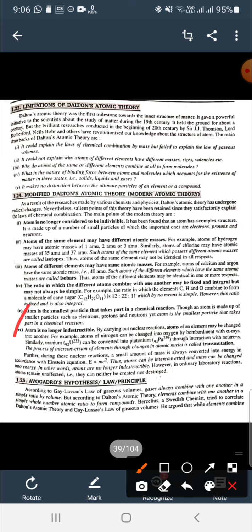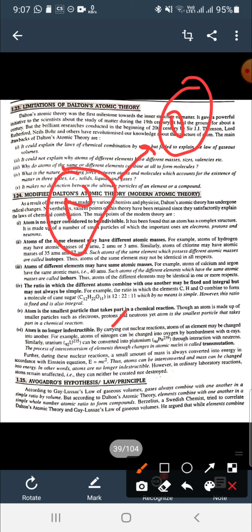The atom is no longer indestructible. We can convert one type of atom into another type of atom. You can clearly see an example here. Atoms of nitrogen change into oxygen. We can convert the atoms of nitrogen into atoms of oxygen by giving a strike of alpha rays.